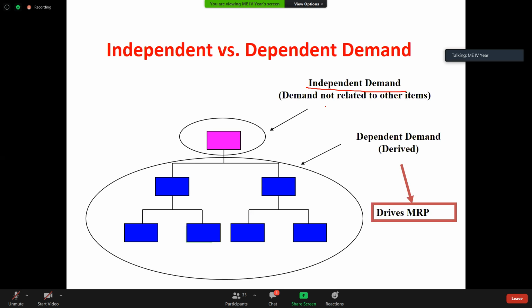Independent demand is demand not related to other items, as in the previous example. But dependent demand you have to derive.